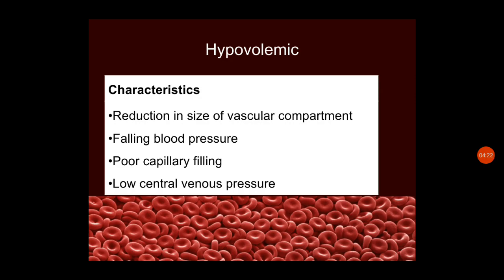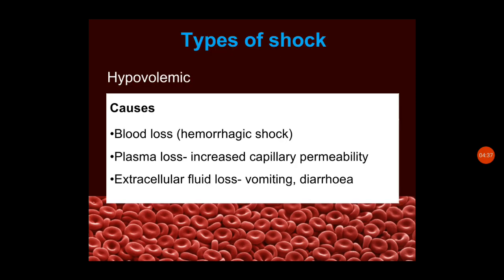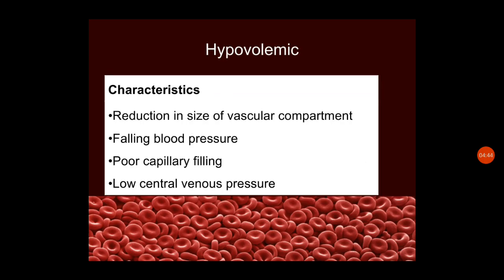The extremities will be very cold and clammy. Then low central venous pressure, and the pulse will also be very feeble. These are some of the characteristics of hypovolemic shock. So the causes are clear. Many of the conditions we have already discussed, and they lead to all these characteristics in hypovolemia.